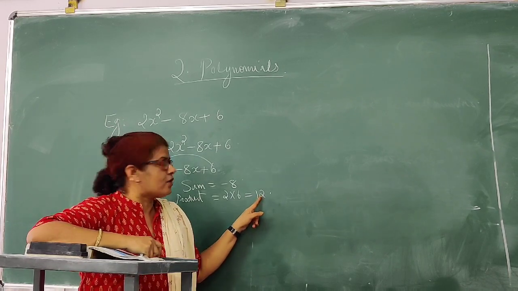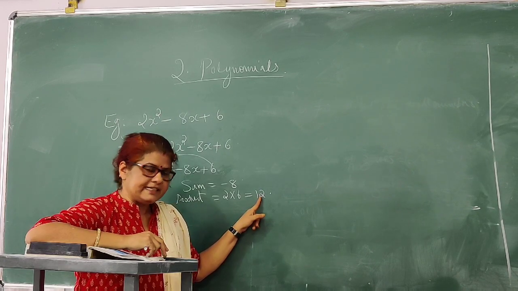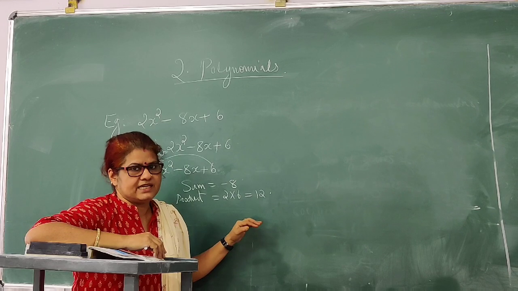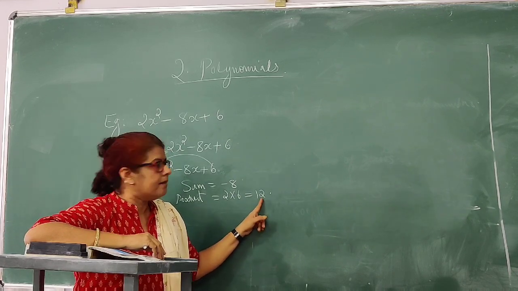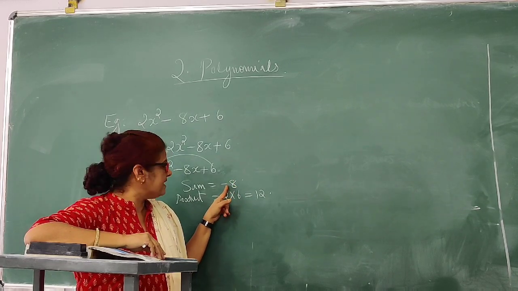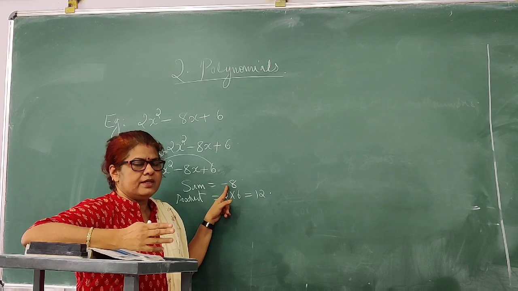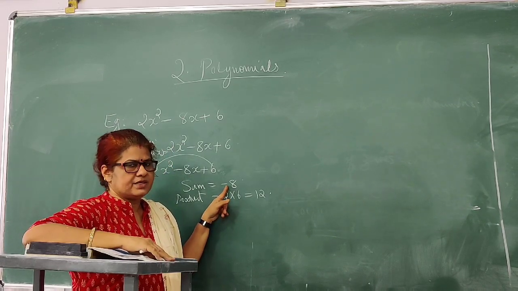We know that if the product is positive, there are two ways. Both should be negative or both should be positive, and only then we get a positive product. But see, the sum here is negative. So no doubt that both the integers are negative. Then which are the integers?